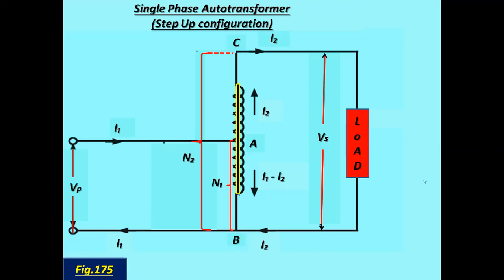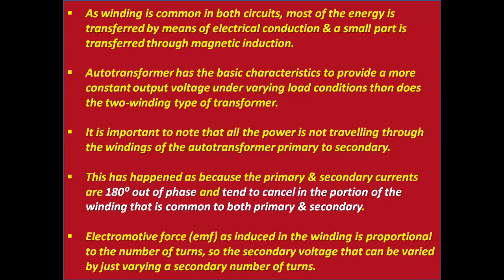See another diagram, that is step up configuration. As the winding is common in both circuits, most of the energy is transferred by means of electrical conduction and a small part is transferred through magnetic induction.